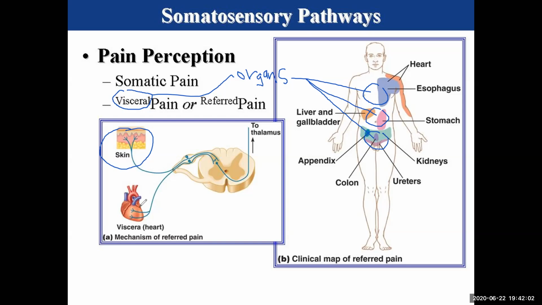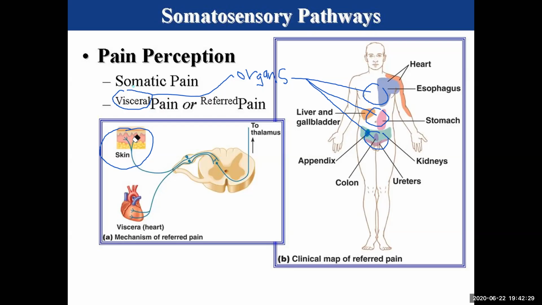You can't tell the physician, hey, I have a pain, I know it's from the liver, or I know it's from the pancreas. It's not possible because we don't have that direct line of communication from the visceral organ to the primary somatosensory cortex. And we call that visceral pain or referred pain.